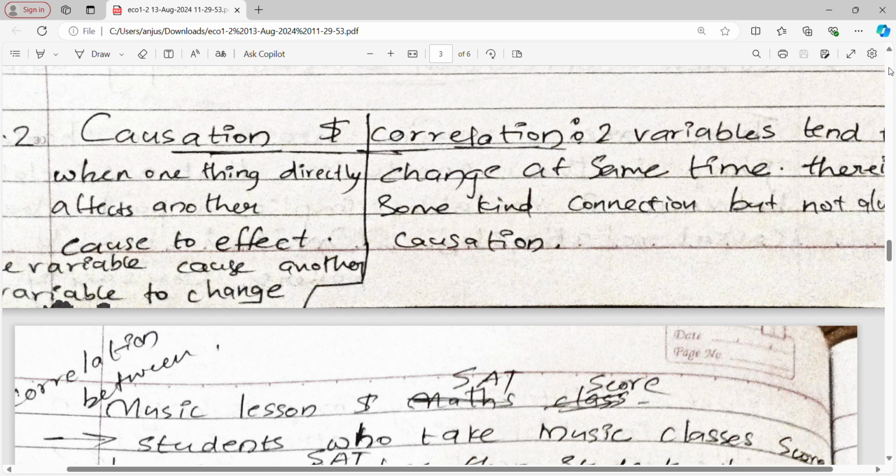But in correlation, as one variable changes, the other changes as well. It might be cause and effect, but correlation can also arise when causation is not present. That is, there are some correlations where there is no connection between cause and effect.